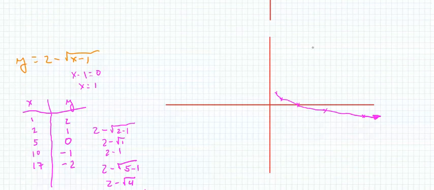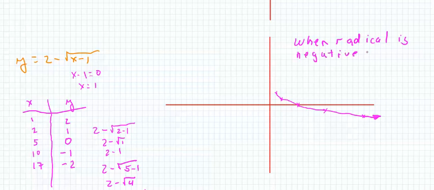So when the radical is negative, the graph goes down. Same starting position, same everything.